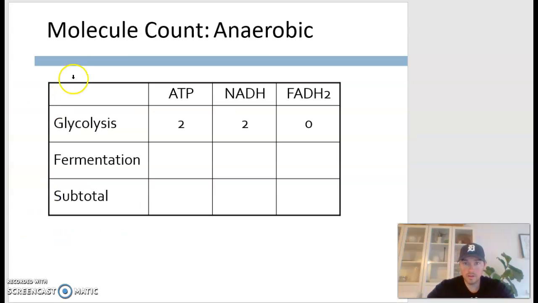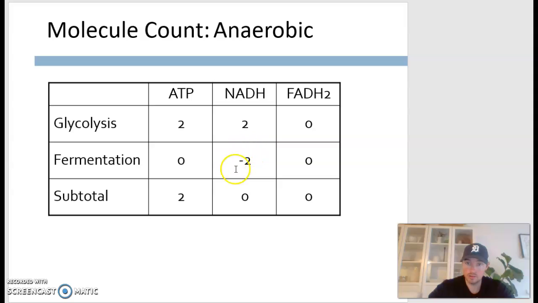So if we look at our molecule count for anaerobic respiration, each one of these go through glycolysis. Glycolysis makes 2 ATP and it makes 2 NADH. Fermentation, it doesn't make any ATP at all.